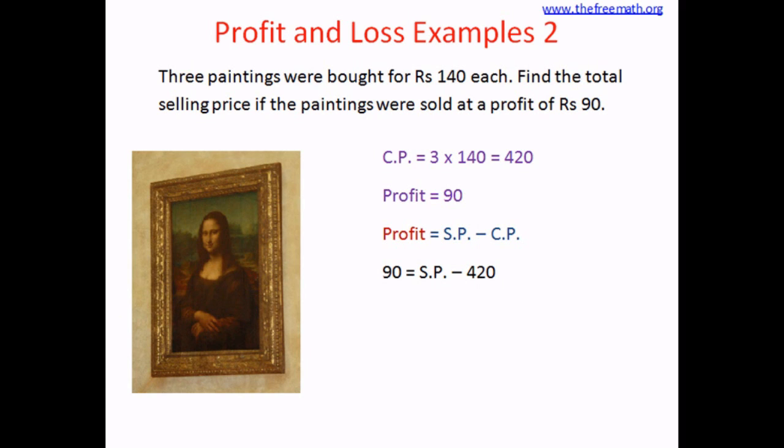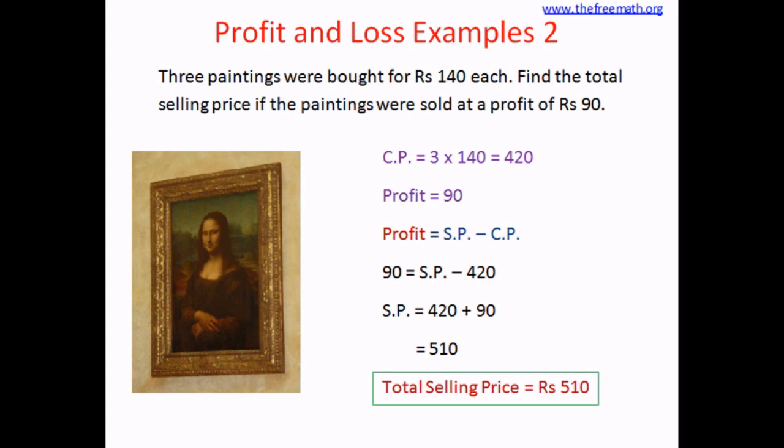That means that SP is going to be 90 rupees plus 420 rupees. So when you add these two numbers, you get 510 rupees. 420 plus 100 is 520. That means 420 plus 90 is 510. So the total selling price here is 510 rupees.